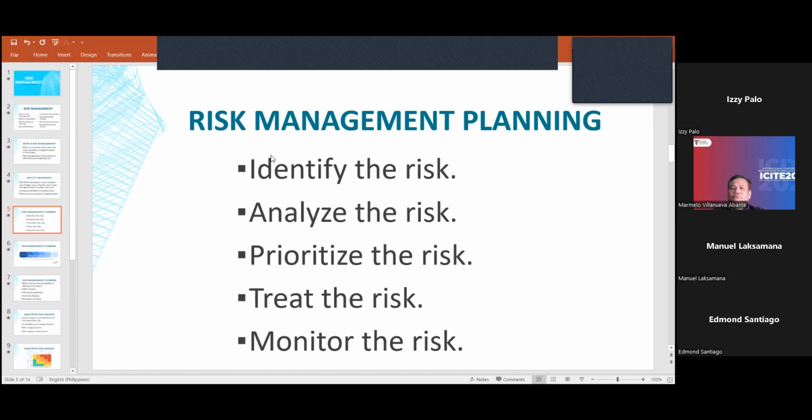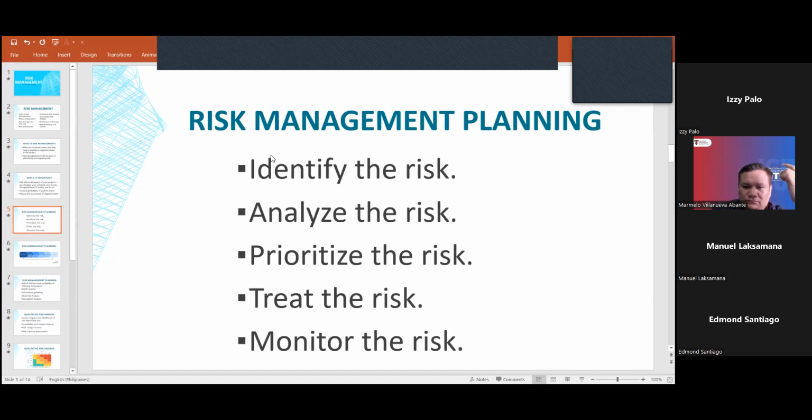Risk management planning is a document that a project manager prepares to foresee the risk, estimate the impacts, and define responses to that risk. So these are the 5 steps of the risk management process that we need to understand.